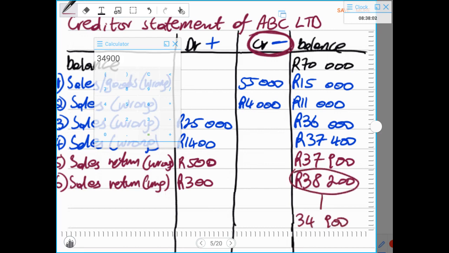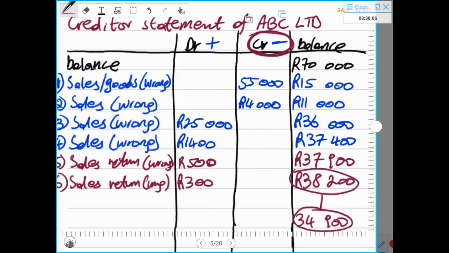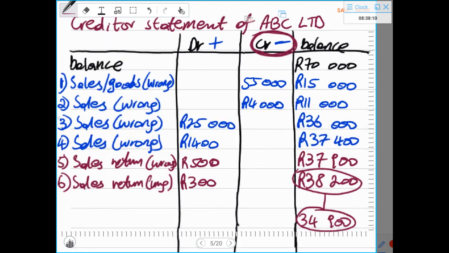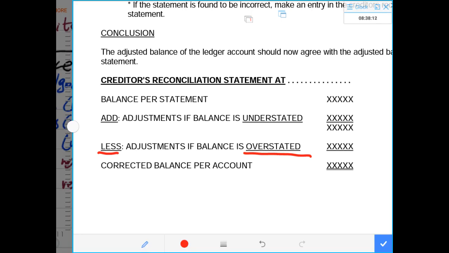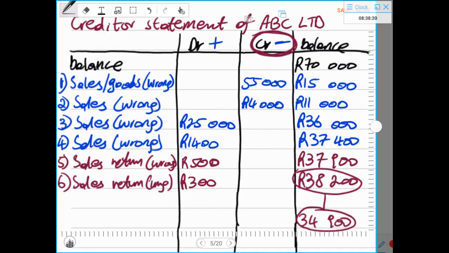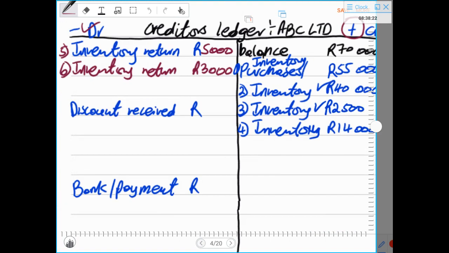So when the balance is overstated, which side do we cancel? Remember, it's on the wrong side. When it's on the wrong side, we first have to cancel. Which side do we cancel when the balance is overstated? We less, because it says when the balance is overstated, we less. So now which side do we less? Our creditor. Our creditor decreased on the debit side.